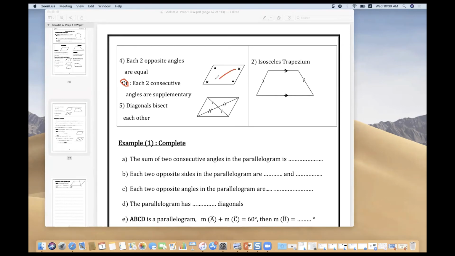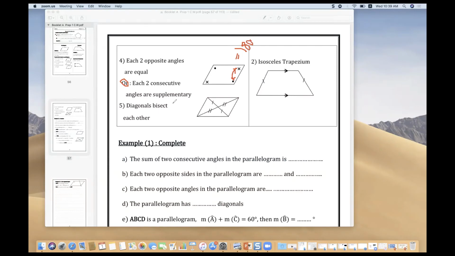That means two angles here, each two are equal, or another thing. Supplementary means the summation of them equals 180. Right? Okay. And the last condition?